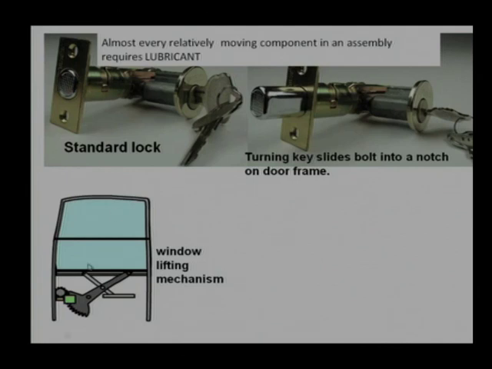Similarly, there is another mechanism that we call a window lifting mechanism. The window pane is generally lifted. If it is a power drive, then we use a gear mechanism. In this case, a small size motor is engaged with the gear, and a sector gear is moved with this spur gear or worm gear pair, whichever engagement is there.